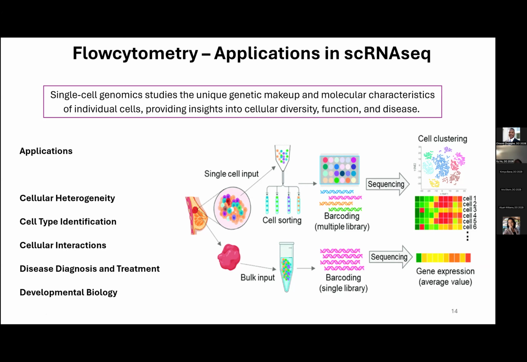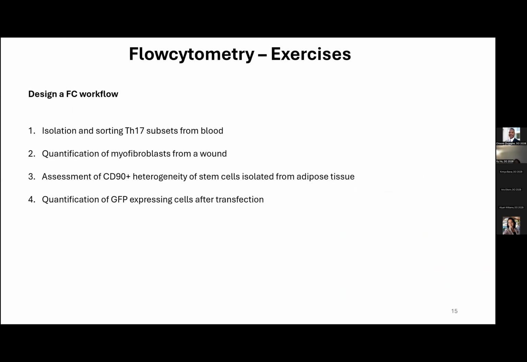So tremendous applications are associated with single cell RNA sequencing. Flow cytometry is an integral part, where the single cell input is provided by flow cytometry based techniques. And that's all about the fundamentals of flow cytometry.